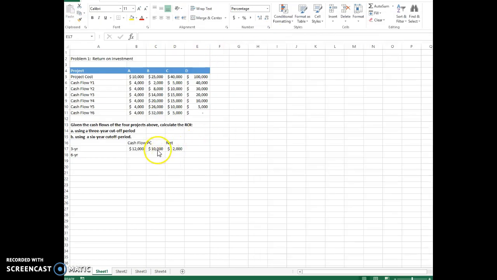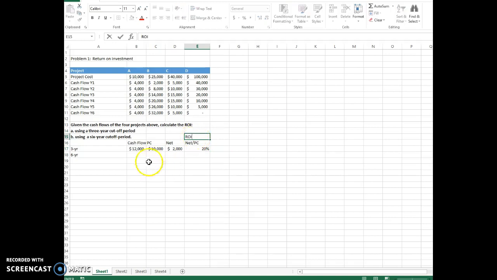So here we have net, here's PC. So net divided by PC equals this cell divided by this cell, and we get a 20% return on investment ratio. Okay, so this is ROI.